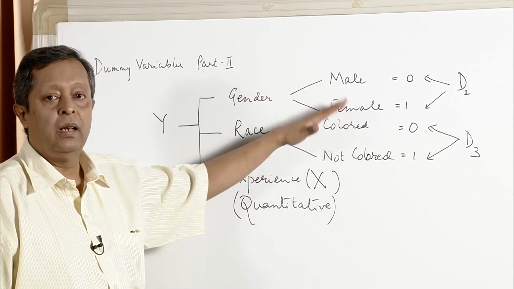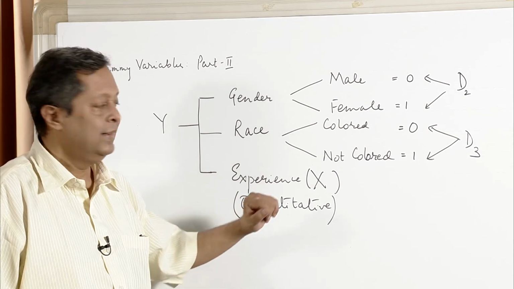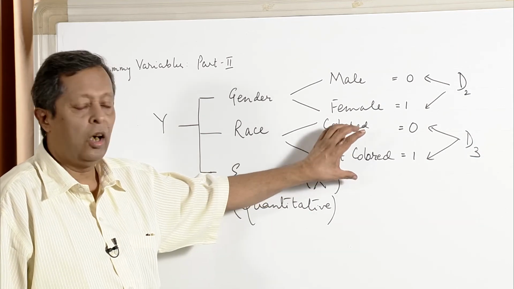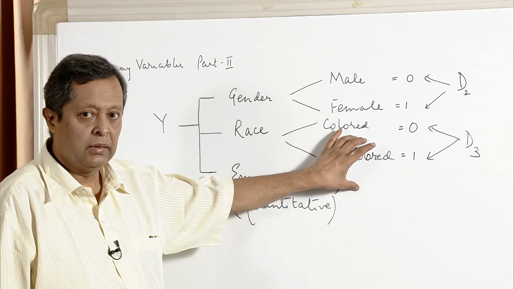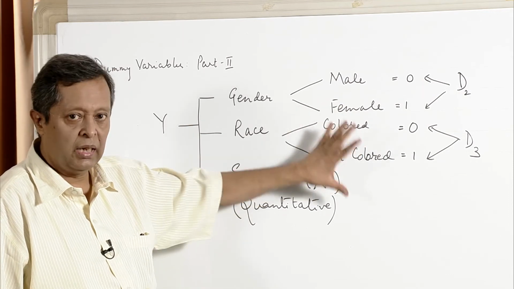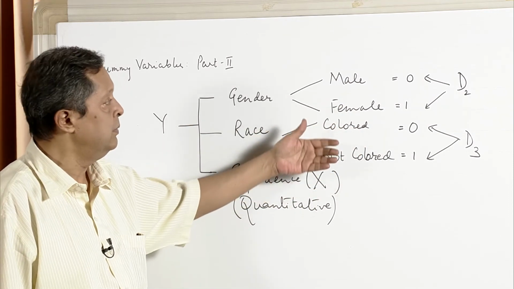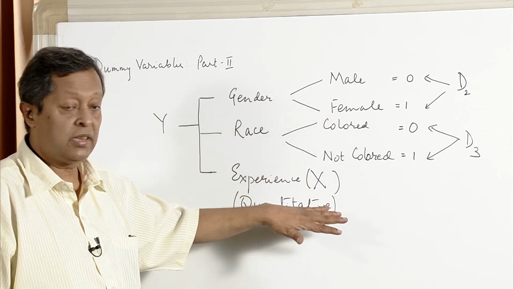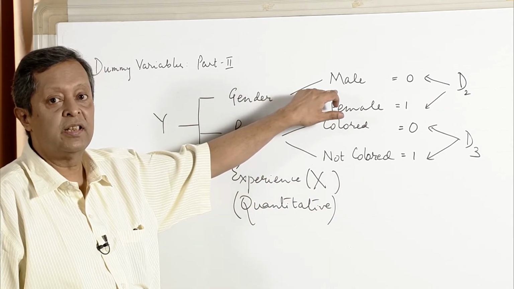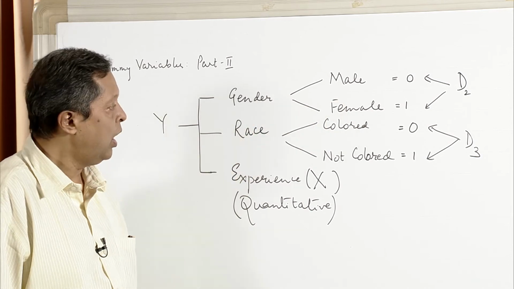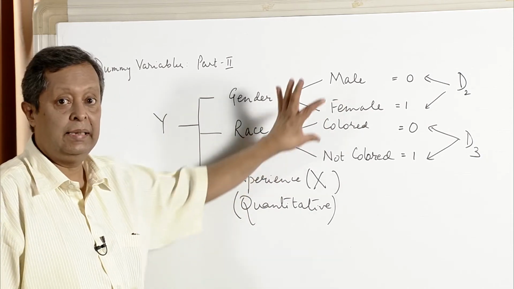If there is racial discrimination, then the differential impact of being not colored or the differential impact of being colored, that will be conditioned by gender discrimination also, that is whether the person is a male or a female. So, how do we take into account that interaction?